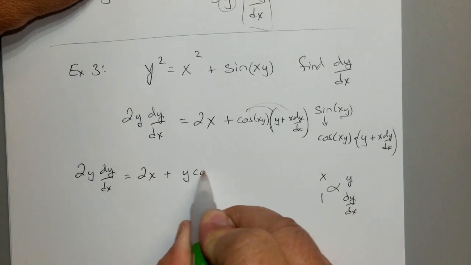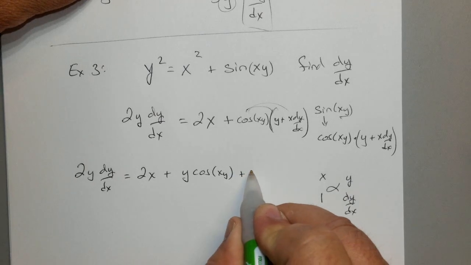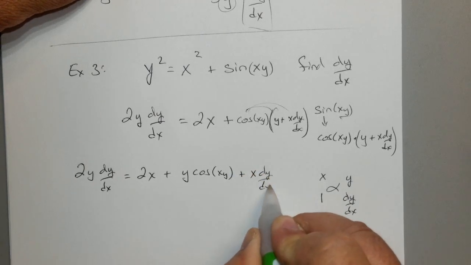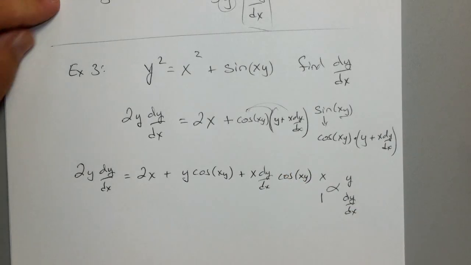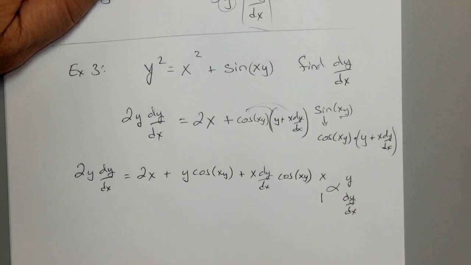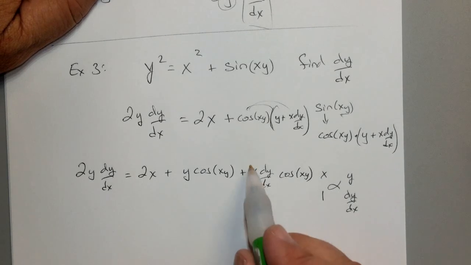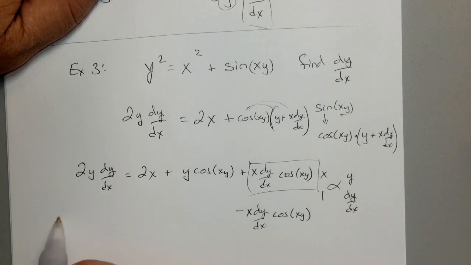So it's y cosine xy plus x dy dx cosine xy. I got rid of the parentheses. I have to move all the dy dx's to one side. So I've got to subtract x dy dx cosine from both sides.